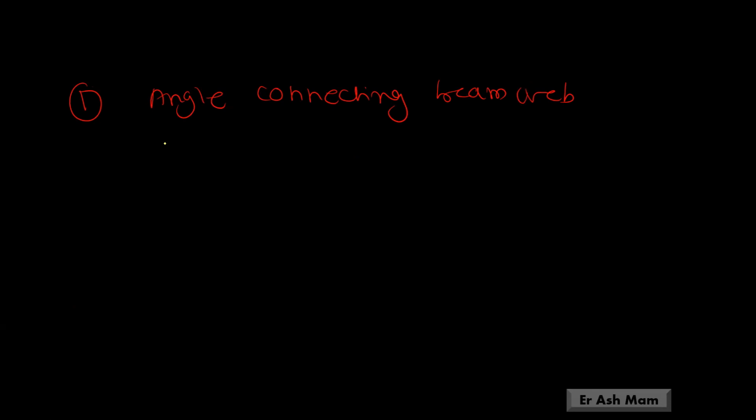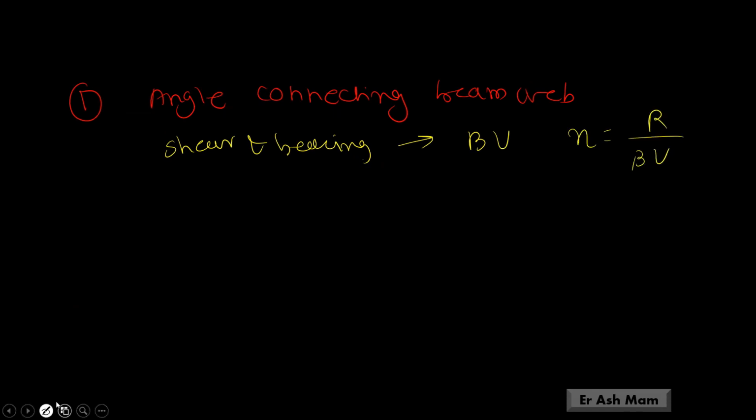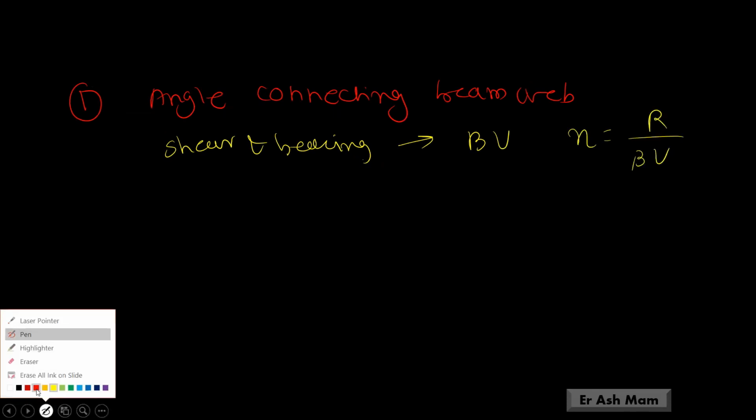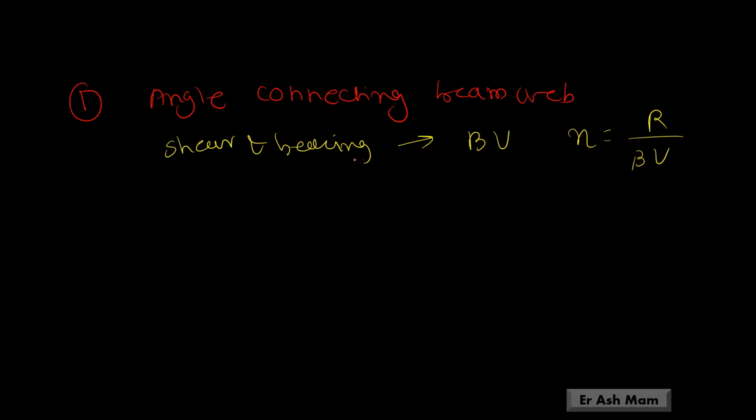Just find shearing and bearing strength, and the minimum of shearing and bearing will be your bolt value, and the number of bolts will be reaction upon bolt value. Then second step, here double shear will occur. The important term is that the shear will be double shear.